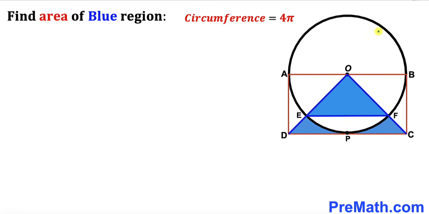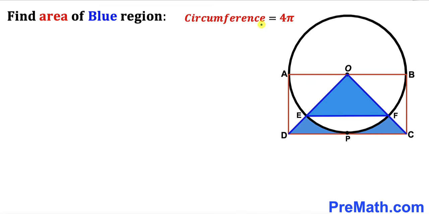Welcome to PreMath. In this video, we have this circle with the center O along with this red rectangle ABCD put together, as you can see in this diagram, such that this point P is the point of tangency, and as a result we get this smaller triangle OEF and this larger triangle ODC as well.